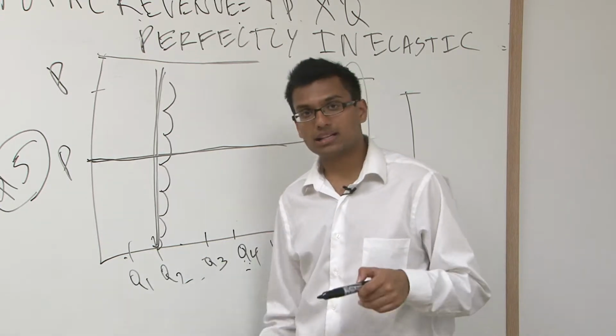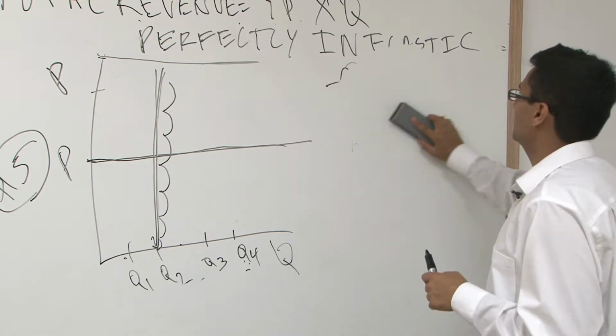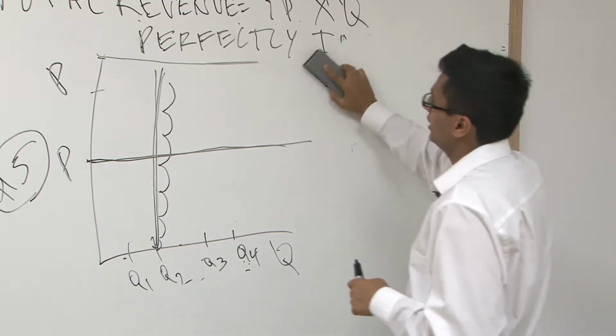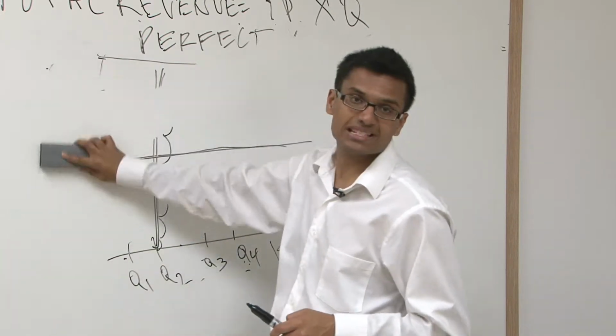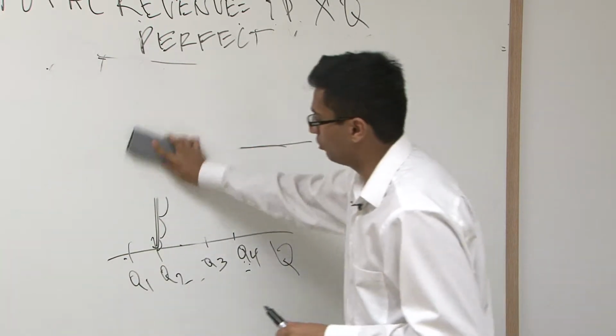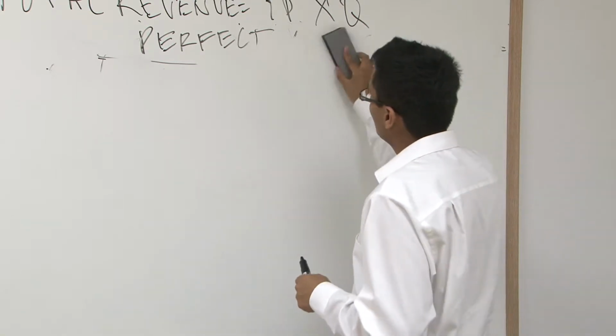All right, the next concept we're going to go over is the cross-price elasticity of demand, and that's pretty important when it comes to economic analysis. If you guys want to go into business and things like that, it's really important because every business worries about their competitor, right?